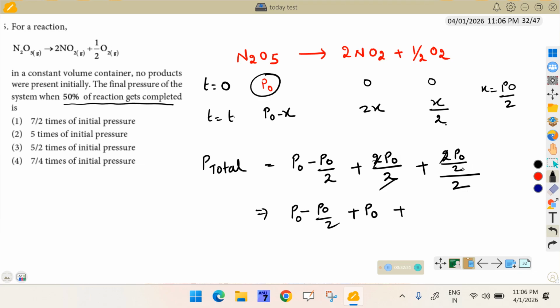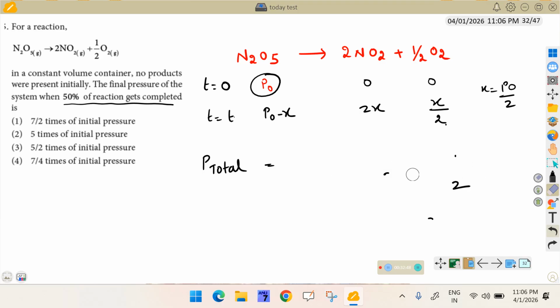No, we are not getting the answer. Okay, check it once again. Substitute the values carefully.